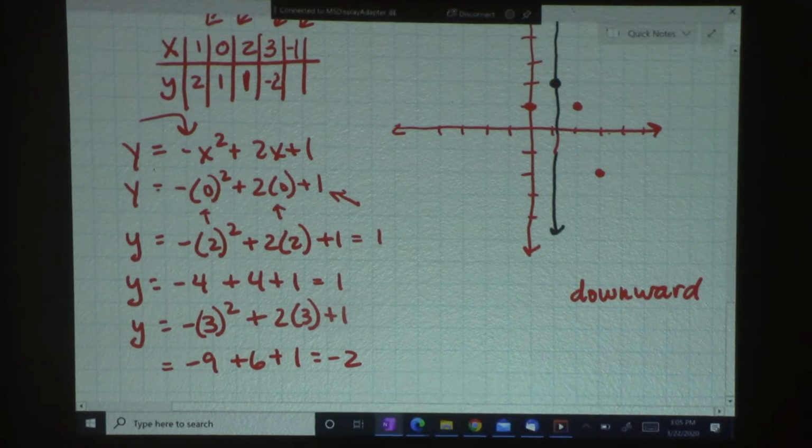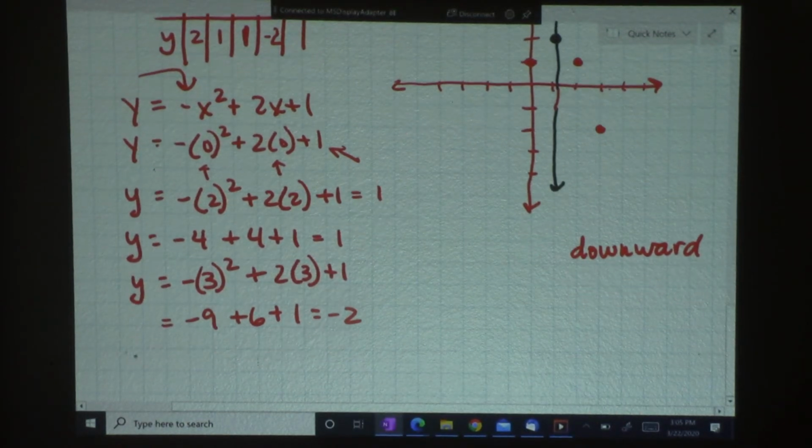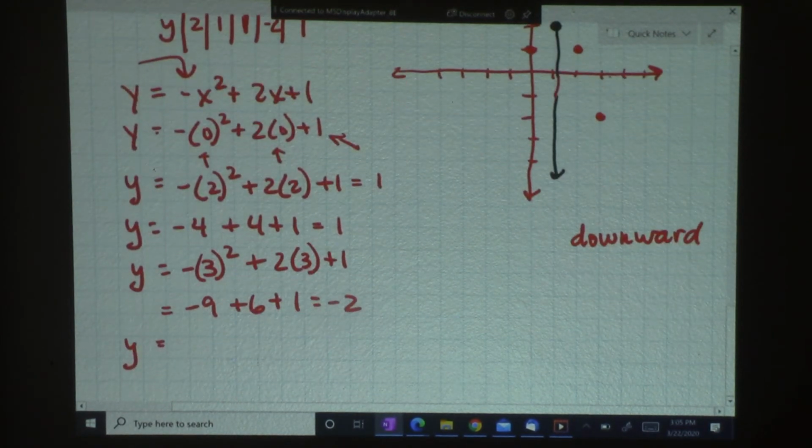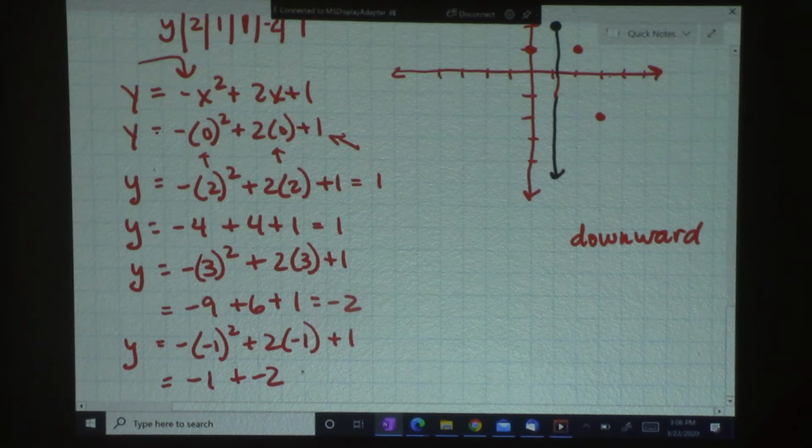I can generate all the points using the substitution. Let's do that. The last point I chose was -1. So let's put -1 in. -1 squared is 1 times a negative is -1. And I get -2.